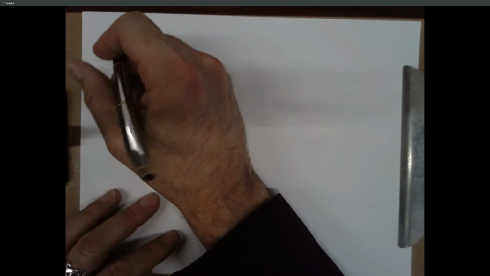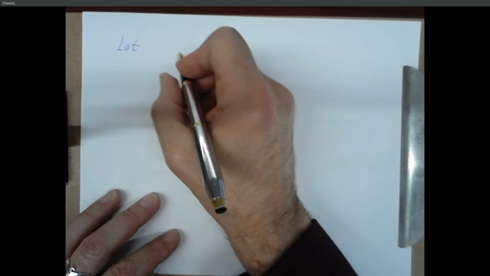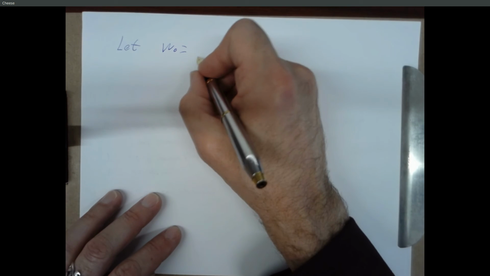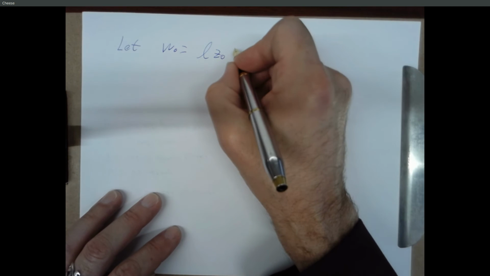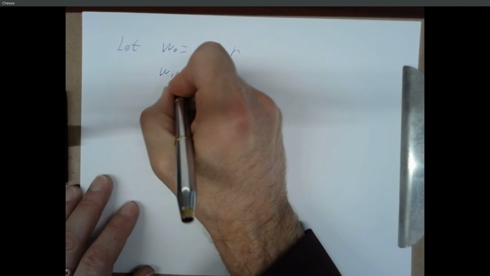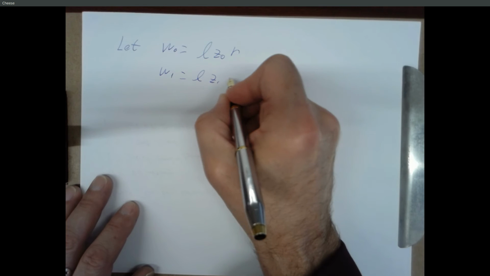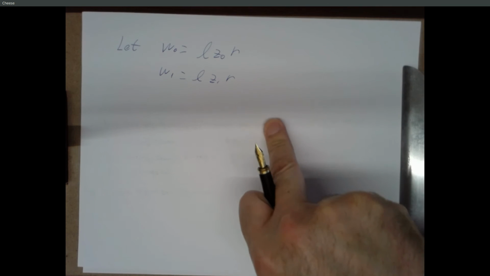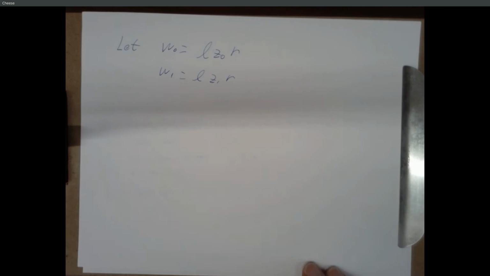Okay, so let W0 equal L Z0 R. And let W1 equal L Z1 R, where these are some collections of symbols from our vocabulary.